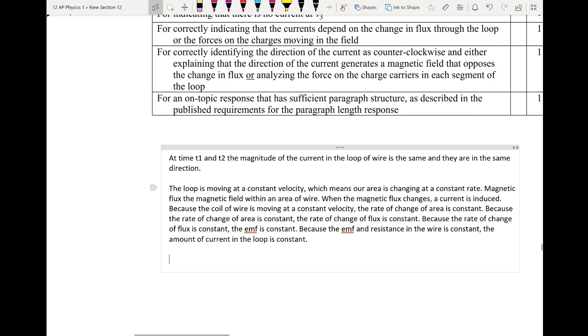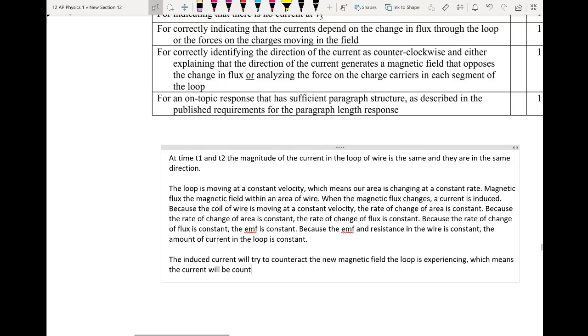And then we're going to talk about the direction. So I argued it already, but the induced current will try to counteract the new magnetic field the loop is experiencing, which means the current will be counterclockwise to induce a current that will produce a magnetic field that is out of the page, counter to what we are adding to the loop of wire.